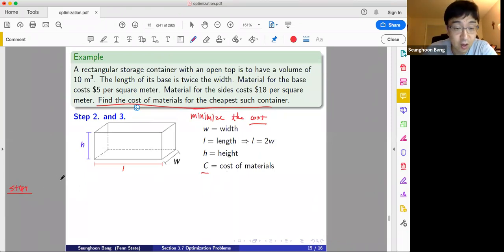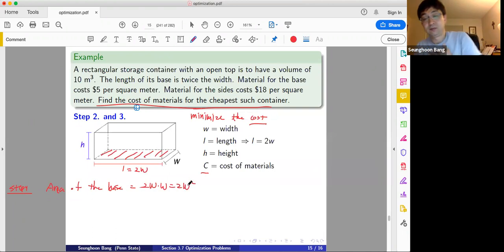The first one, the area of the base. The area of the base is exactly L times W. What's L? 2W. So the area of the base is 2W times W, which is 2W squared.